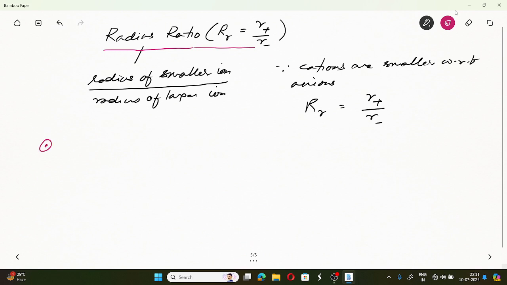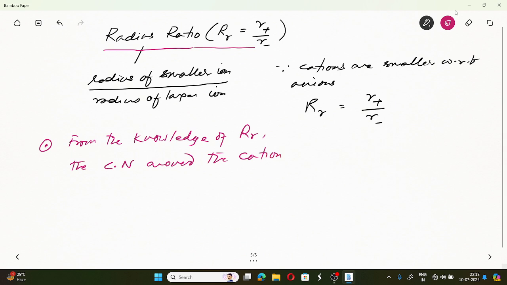So from the knowledge of radius ratio, the coordination number around the cation can be predicted.